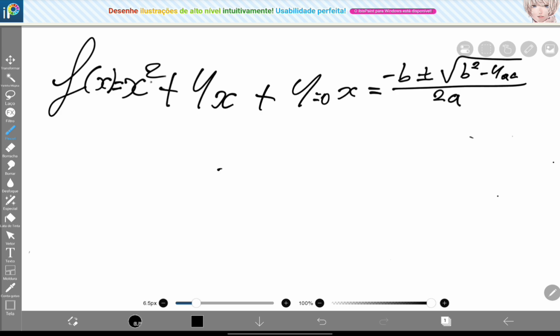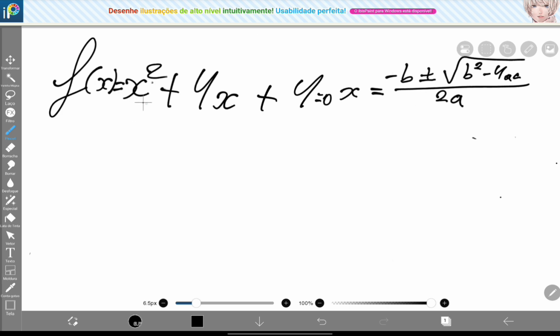So we can get the letters, so we're gonna do this: a equals, b equals, c equals. We can get A from the first thing here.